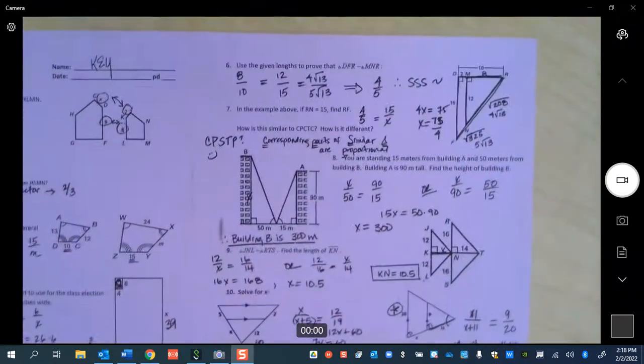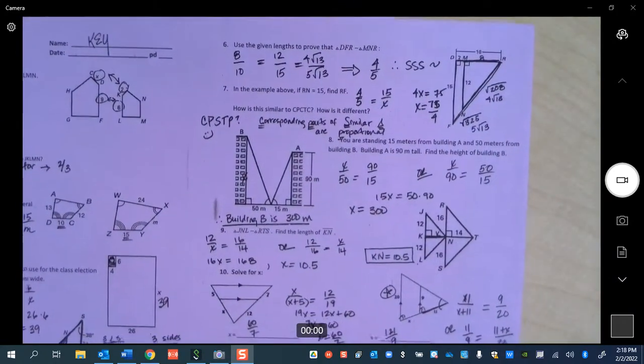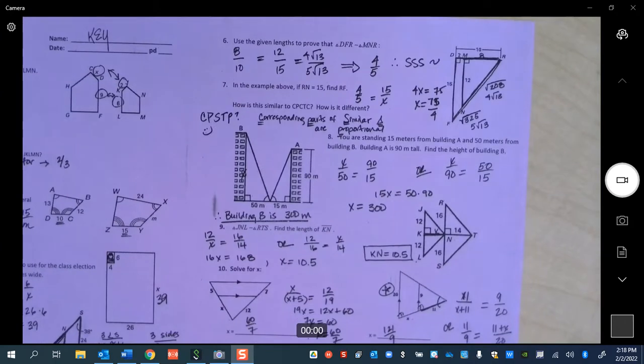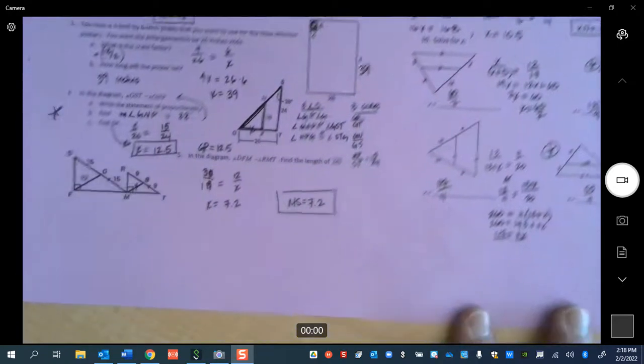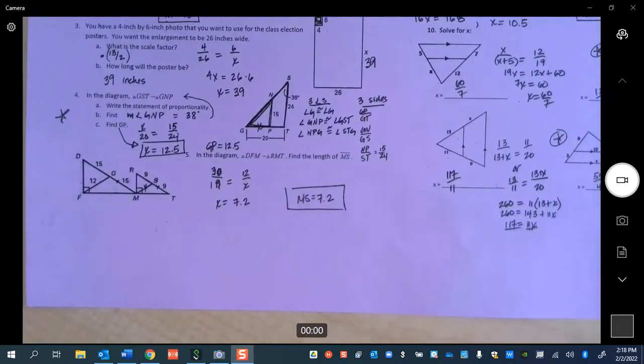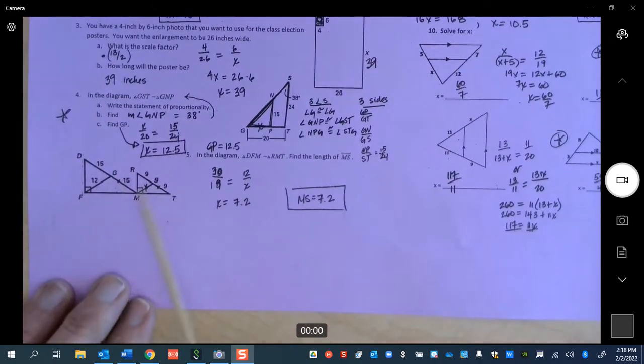Anything on that first page, front or back side you want to talk about? Go ahead. Can you do the last one, number 5 on this one? Okay. In the diagram, these 2 are similar.